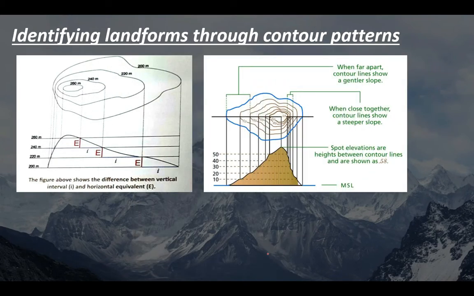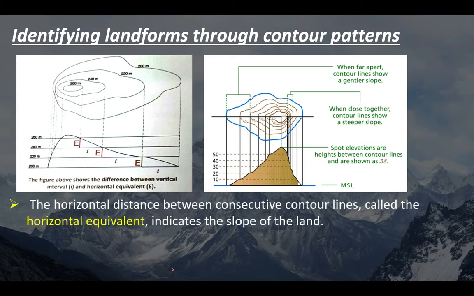So here two images. The horizontal distance between the consecutive contour lines is called the horizontal equivalent, and it indicates the slope of the land. Here E is the horizontal equivalent. So what is the use of this horizontal equivalent? It indicates the slope of the land.